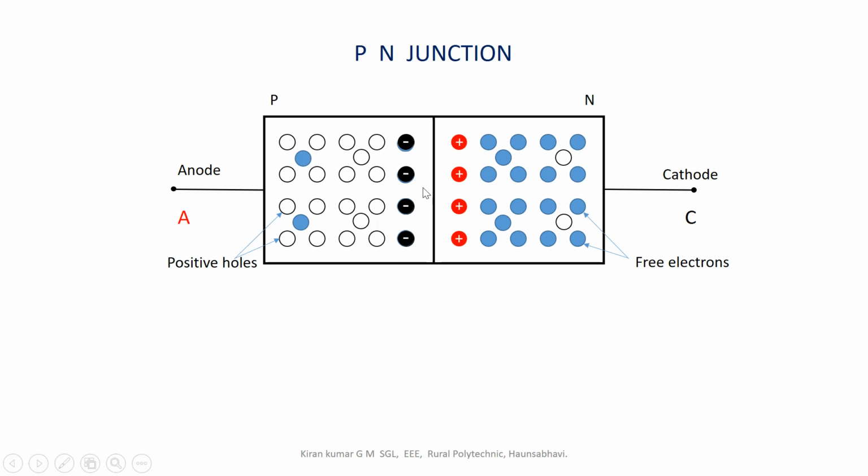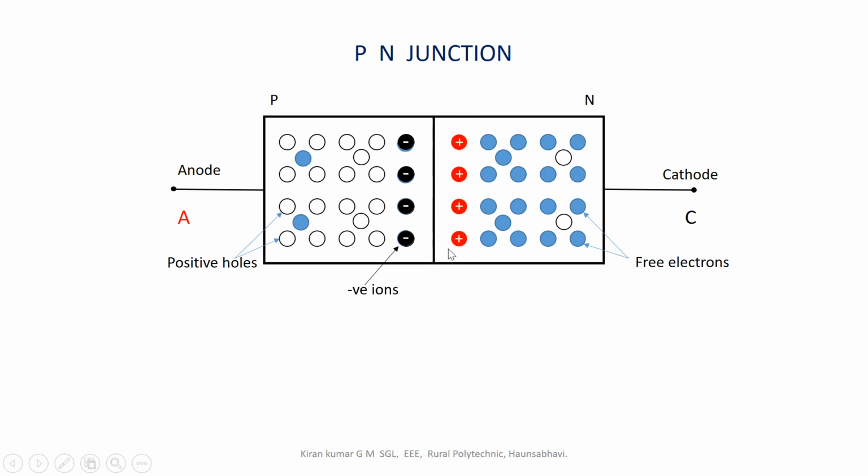Now, previously all these atoms were electrically neutral. With the accommodation of an additional electron into these holes, those atoms will become dominant with one electron and they form negatively charged ions on this p side.